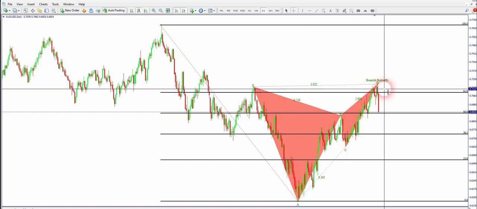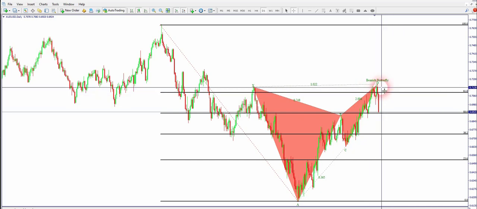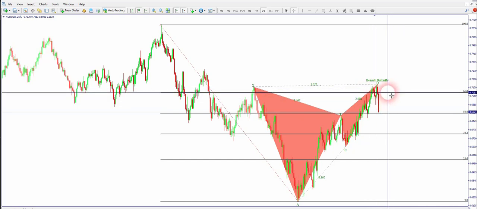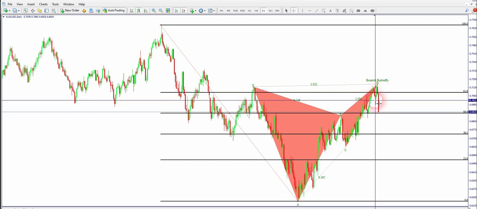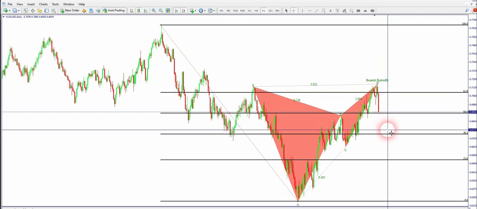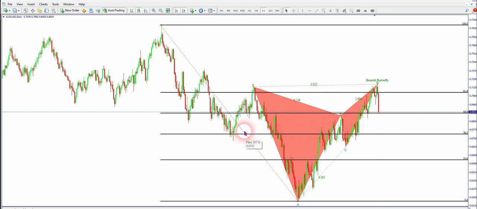So just yesterday I closed this, I took this much profit, okay, and I closed my trade. I shouldn't hold the trade because last week in the fundamental analysis there was very good news for the AUD dollar.